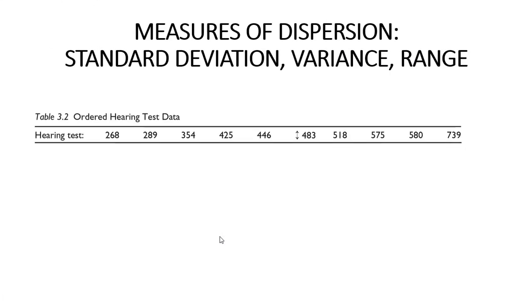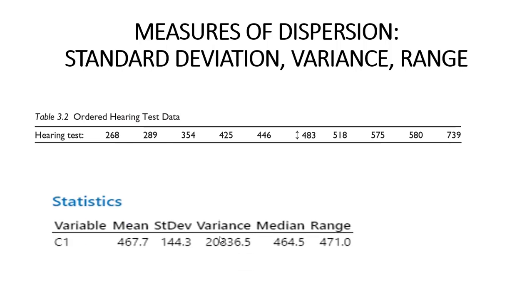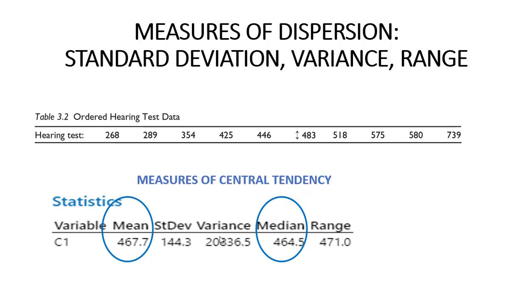So coming again back to the data that we had before, notice that in our Minitab we have here the mean and we have the median. These are measures of central tendency. These are measures that kind of explain what's in the middle of all the data. And then we have measures of dispersion. So this is how far the data are going to extend. And then we have the standard deviation and the variance.